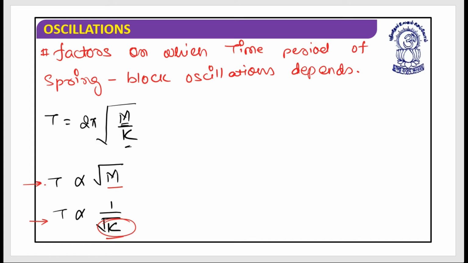I hope this is clear. Please keep in mind that this is the first approach and this is the second approach through which you can change the time period of the spring and block oscillations. Other than this, you don't have any options.